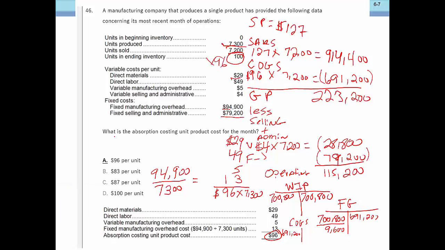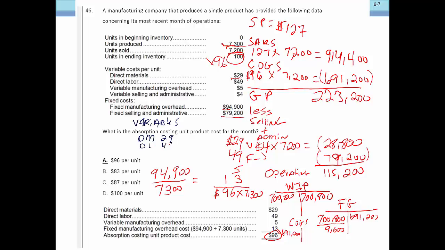Okay, so let's do variable. I'll just write variable up here. And I first want to get the product cost. So should I pick up the 29? Pick up that 29. That's what? Direct materials. Direct materials 29. How about direct labor? Direct labor, got to get that.